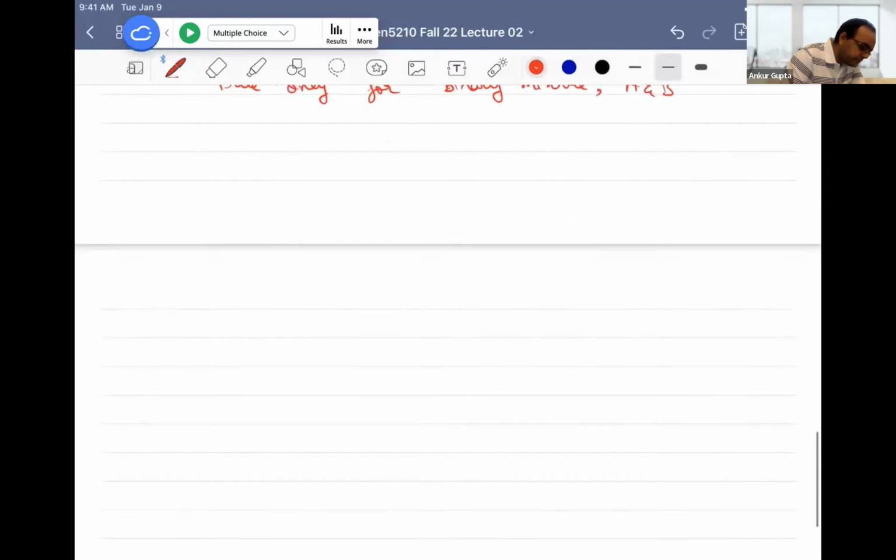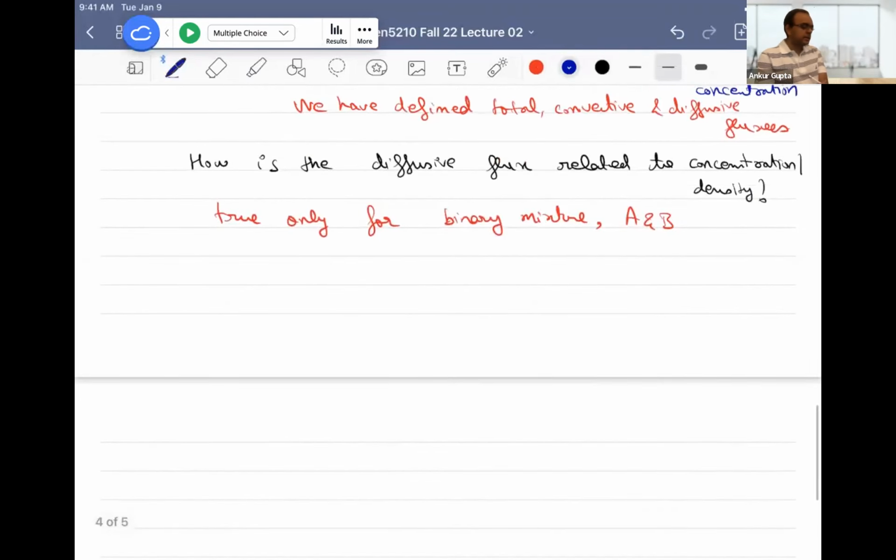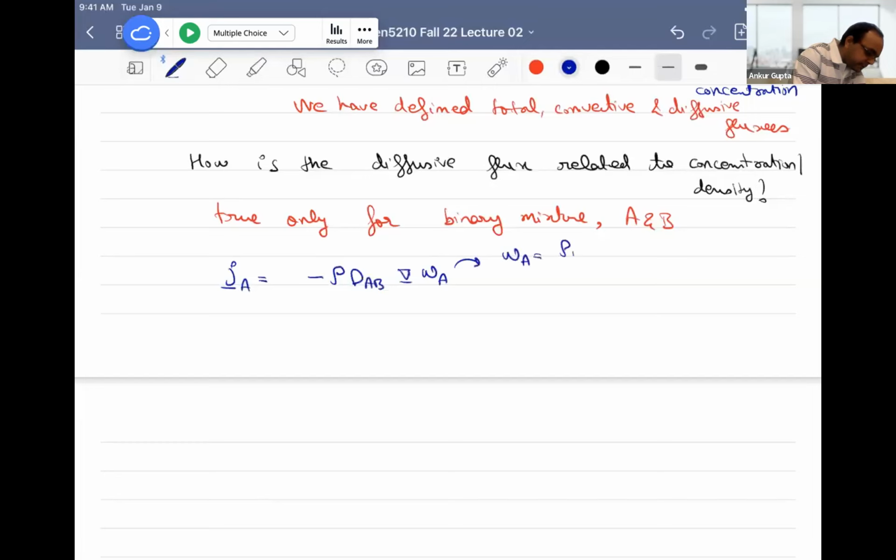All right. So first, it is only true for binary mixture A and B. And what we will say is JA, so note this is very important. JA is minus rho D_BA gradient of omega A, or wA, where omega A is the mass fraction, equal to rho A by rho, the total density.